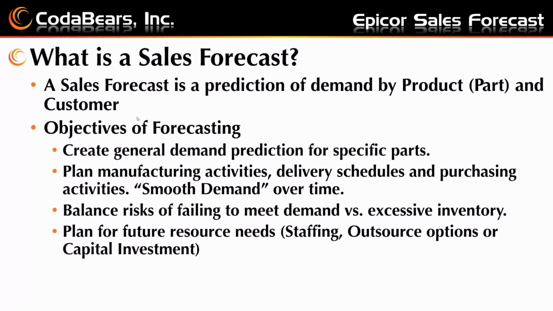This way, you can balance the risks of failing to meet demand when you have a longer lead time versus excessive inventory. So obviously, if you forecast more than you sell, you're going to end up with inventory. If you forecast less than what you need, there's a potential that you're going to fail to meet demand. This is a business decision, obviously, based on that particular part and your management plan.